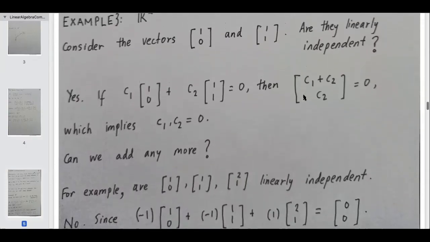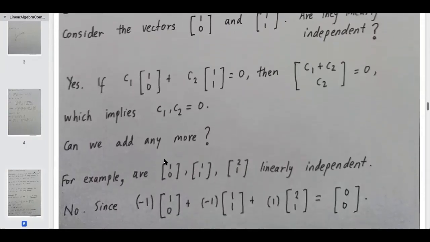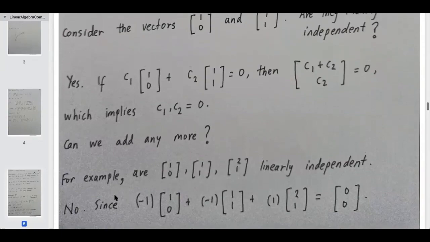So for example, let's try. We can take 1 0, 1 1, and 2 1 and ask, are they linearly independent? But no, that's not true, because I have demonstrated a linear combination which gives 0 with non-trivial coefficients, meaning not all 0. So I have -1 times 1 0 plus -1 times 1 1 plus 1 times 2 1 is equal to 0.